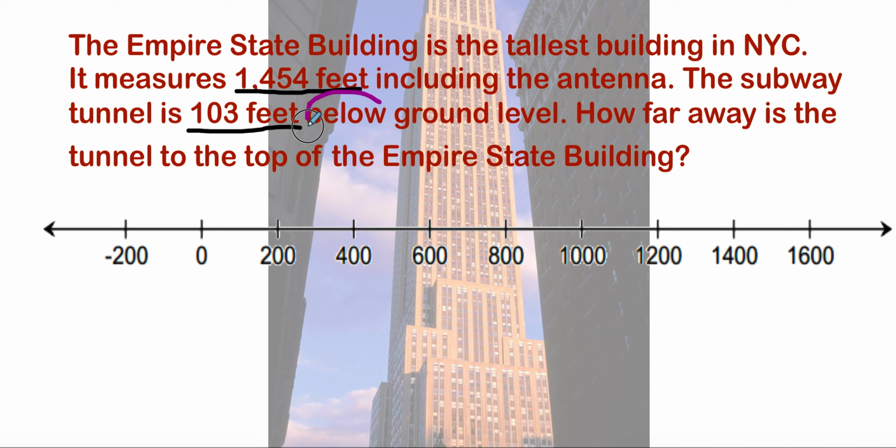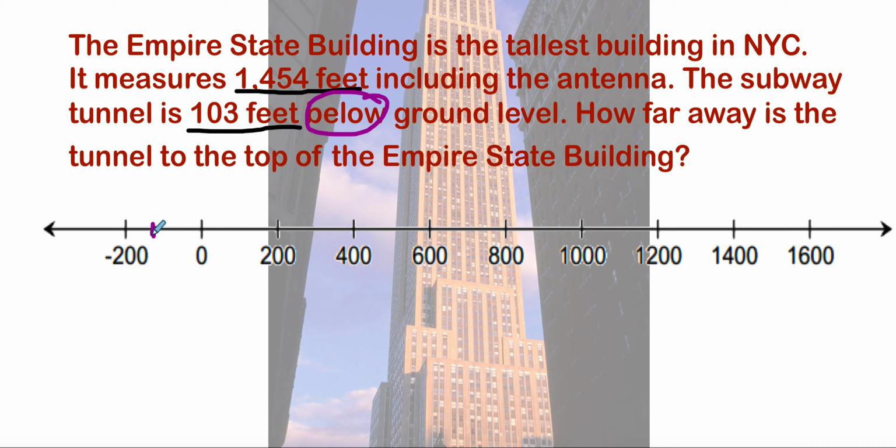You have to understand below ground level. So we're going to start somewhere here, 103, somewhere here. Negative 103.